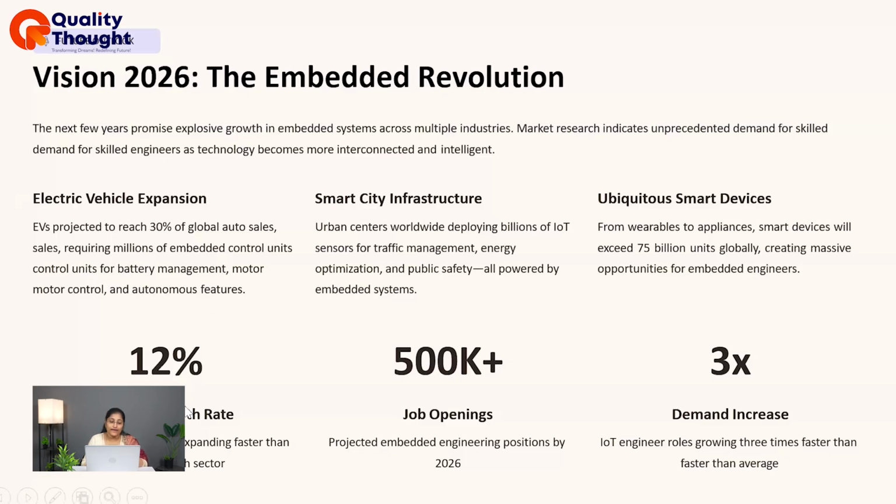Nowadays there is a 12% annual growth rate for embedded systems, faster than the overall tech sector. Wherever you look at software or any tech sector, it has a lower percentage. Coming to smart city infrastructure, people very interested in buying homes in gated communities want their home to be fully automatic, a fully smart home with smart lights, smart fans, and smart control.